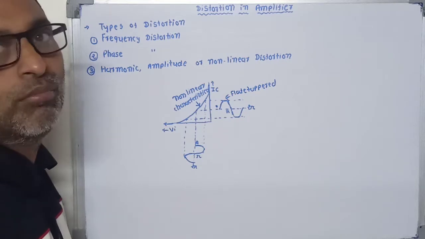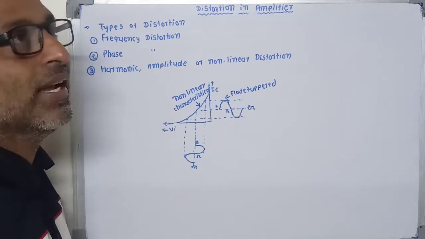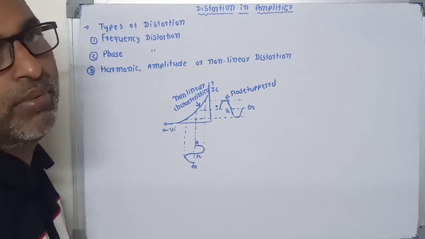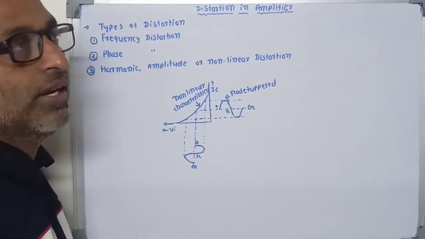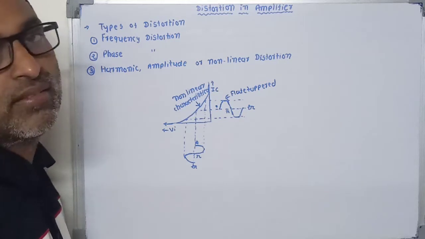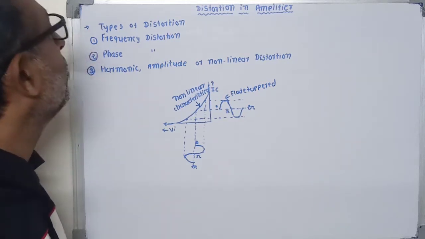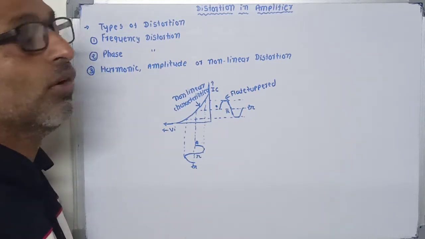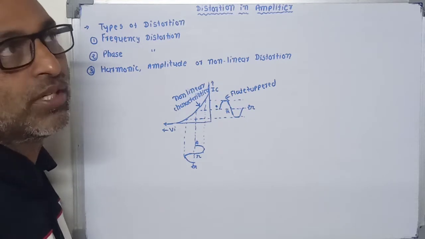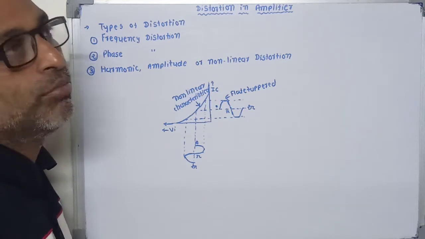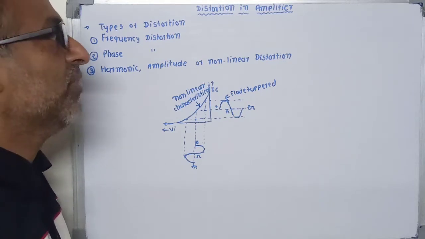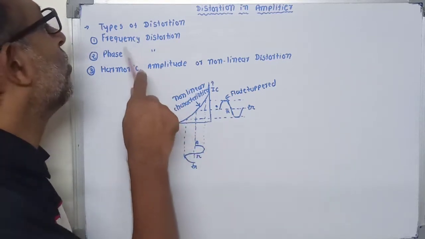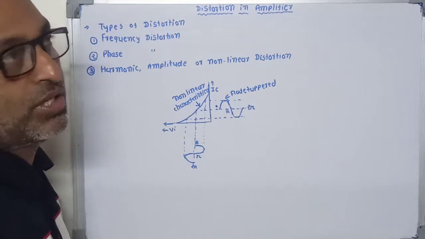Due to this, the gain of the amplifier is reduced. So when all the frequencies of the input signal are not equally amplified by the amplifier, that's why it is called frequency distortion.